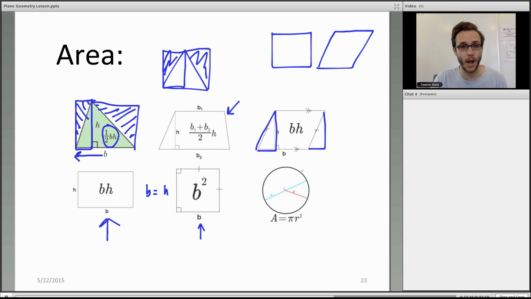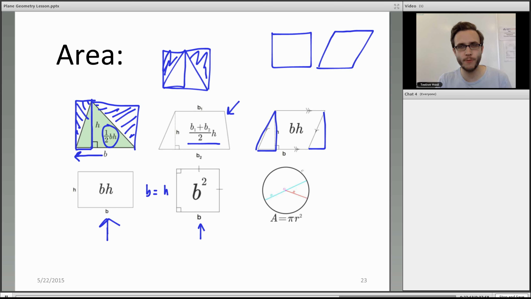And finally, a trapezoid. A trapezoid seems a little more complicated because all of a sudden you have three different variables and you have some division here. So you have b1 plus b2 over 2 times h. Okay, well, let's break that down. b1 is the top, b2 is the bottom. We're adding those together and we're dividing by 2.